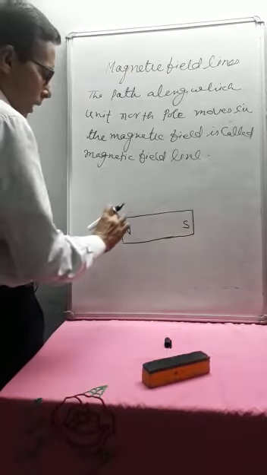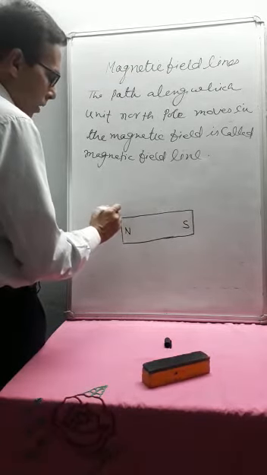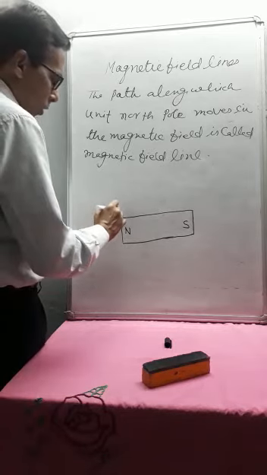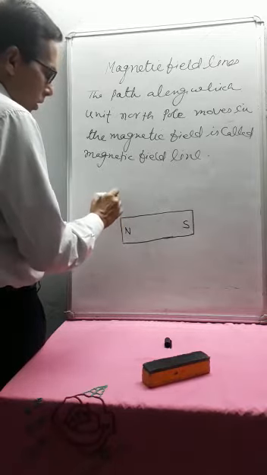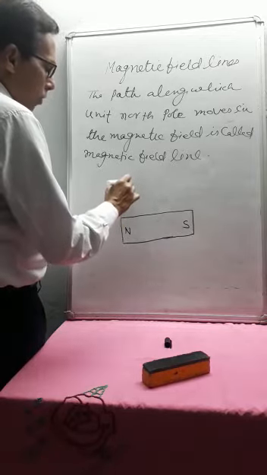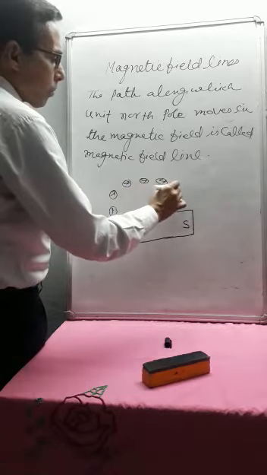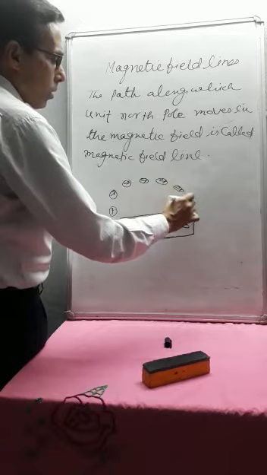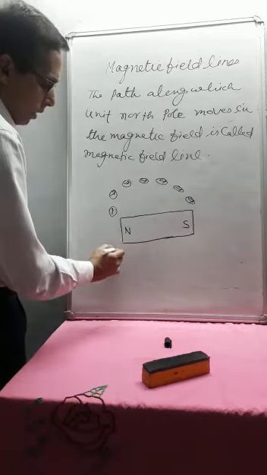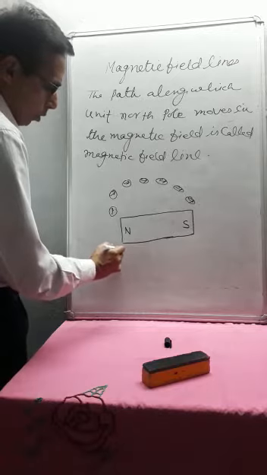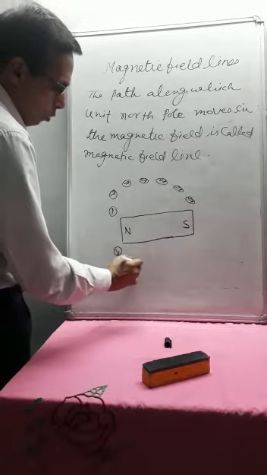Now if we place a magnetic compass needle, then you observe that the north pole of the magnetic compass needle will move like that. The direction of needle of the compass will be like that. If you place the compass needle here, then the direction of north pole will also move like that.